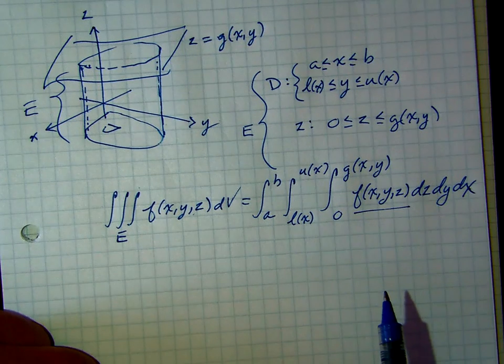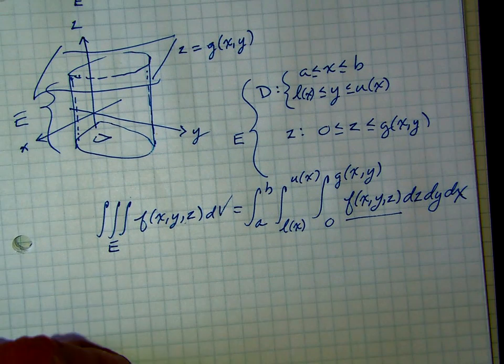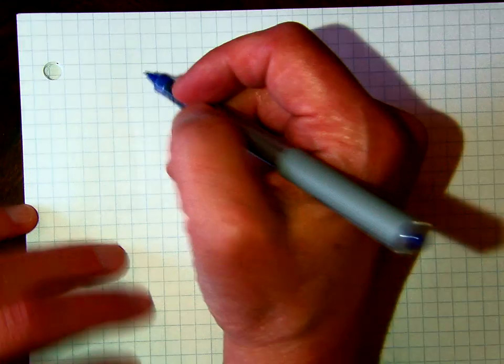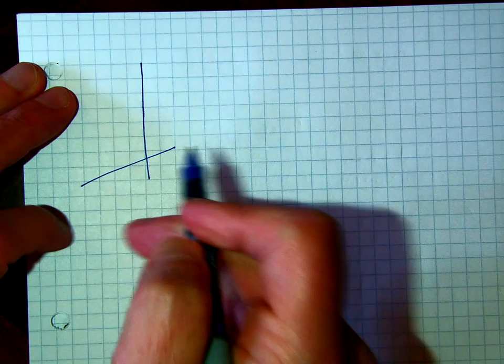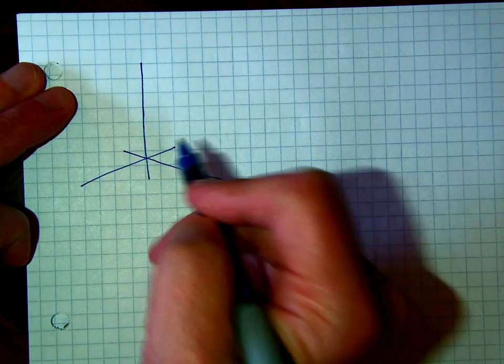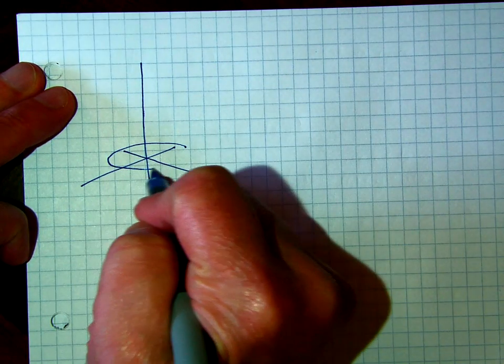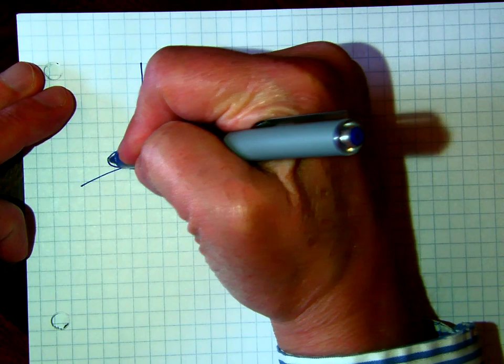A simple example would be something like a paraboloid. So let's take a look at a paraboloid. And we'll do a simple example because I don't want to do anything too complicated. I might mess it up. So here's the circular base of my paraboloid.